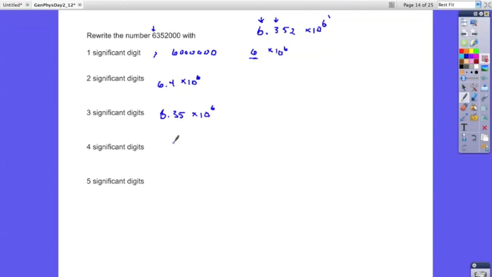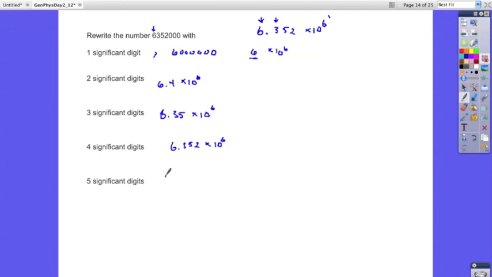4 significant digits. Well, you've probably figured this out already. It's going to be 6.352 times 10 to the 6th. Well, how do we increase the number of significant digits? We need 5 now. You add a 2 here. Add a 0 here behind the 2.